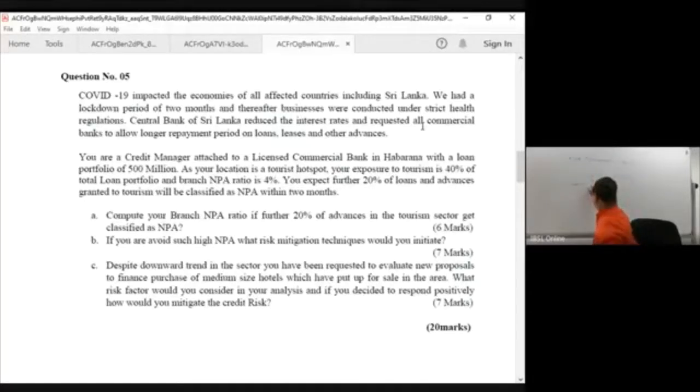So 200 million out of 500 million. 10% is 50 and 40% is 200 million, is given to tourism.